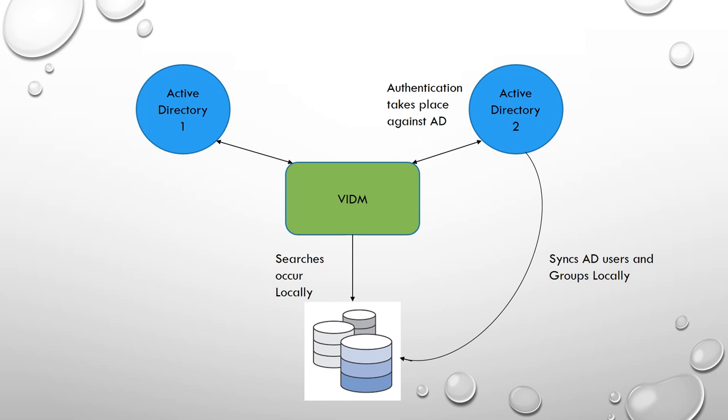The VIDM syncs the users and groups from Active Directory and keeps a copy locally. So whenever a user tries to log in, it searches them locally instead of searching them in the AD, what the SSO appliance used to do. This significantly reduces login times, although the authentication will still take place against the Active Directory.